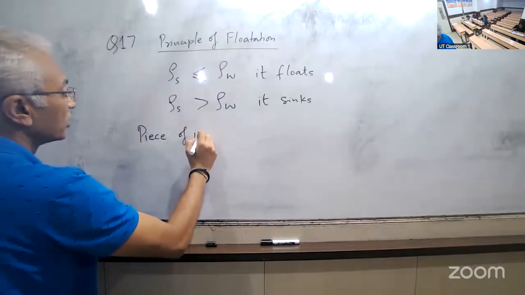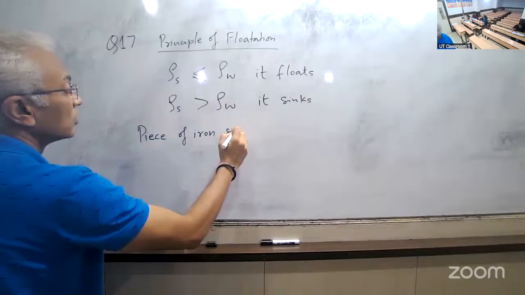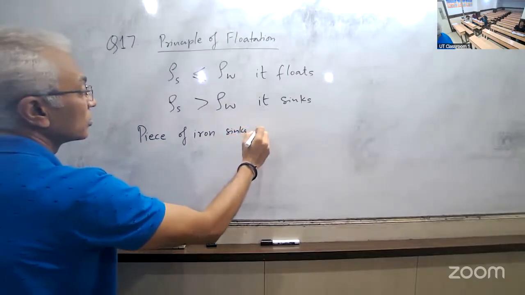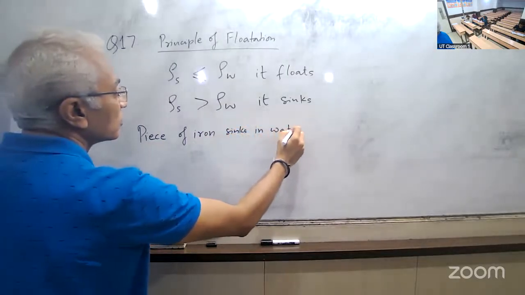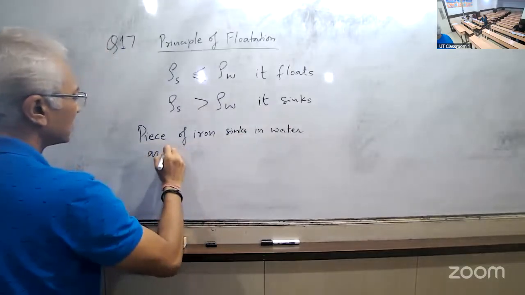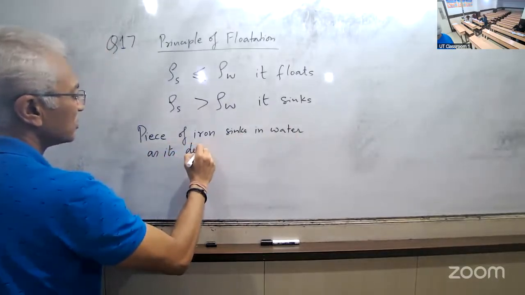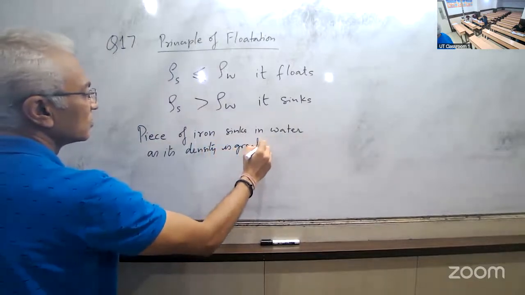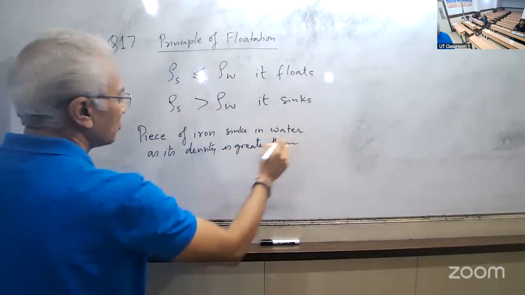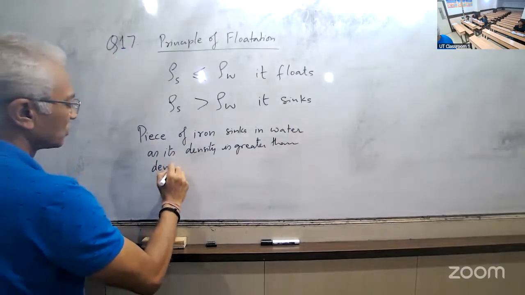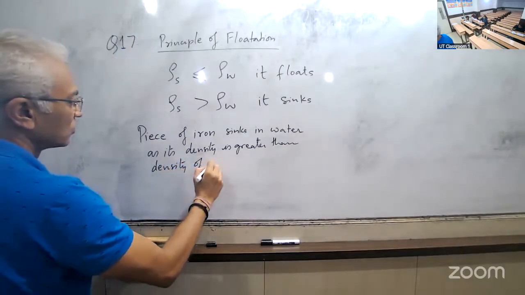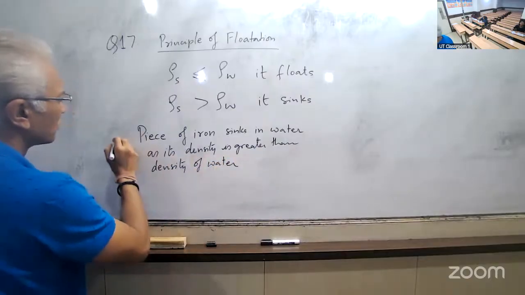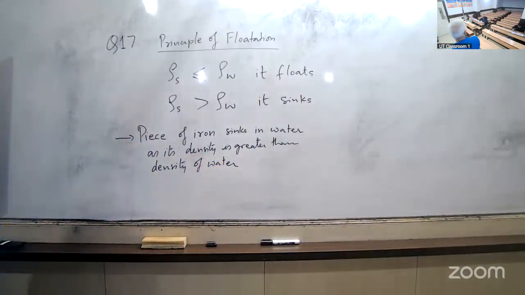A piece of iron sinks in water, whereas its density is greater than the density of water. But what about the ship?